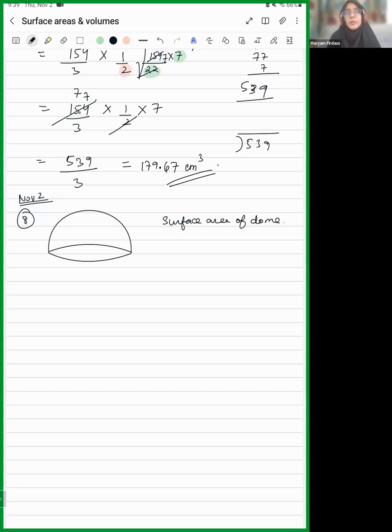Munir, what is the formula for surface area of a hemisphere? Do you remember it or do you not remember it? Just answer this much. Surface area of hemisphere. Do you remember the formula?